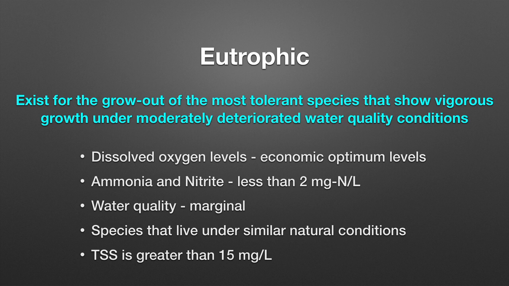Water quality is marginal for species that are not very tolerant, but is acceptable for the most tolerant species. Species that live under similar conditions in their natural conditions are used, tilapia being one. Total suspended solids are generally greater than 15 milligrams per liter.